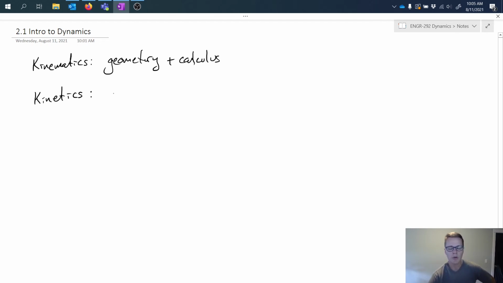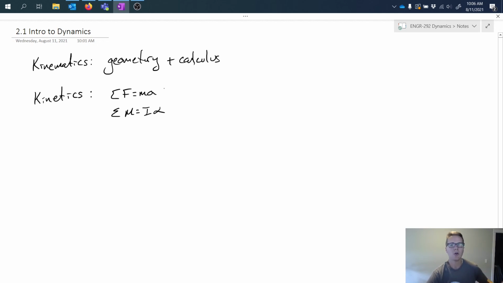So where we leave off in statics, which is with static equilibrium and the summation of forces being equal to zero, we would now do things like sum the forces, and instead of setting it equal to zero, set it equal to some quantity of the acceleration. So this mass multiplied by the acceleration. Similarly, for moments, we would do it in an angular sense, angular acceleration, mass moment of inertia, and so forth. And this is really the basis of kinetics.